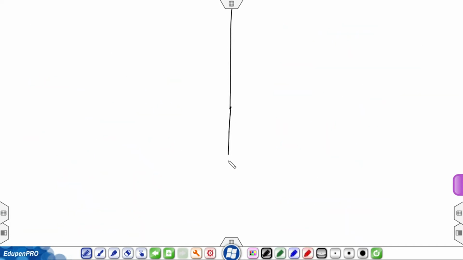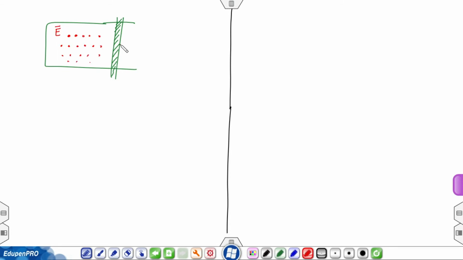For the magnetic counterpart, I have this circuit on which I have put this bar in which the magnetic charges can move. There is this electric field coming out, and this is being pulled to the right with speed v or velocity v.